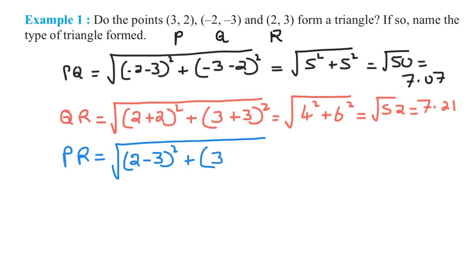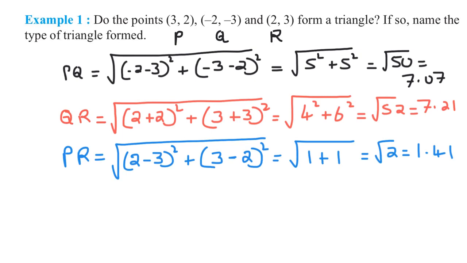Y2 is 3 minus y1 is 2 the whole square, and which is going to be equal to square root of 1 squared, which is 1, and again over here it is going to be 1, which is going to be square root 2, which is approximately 1.41.